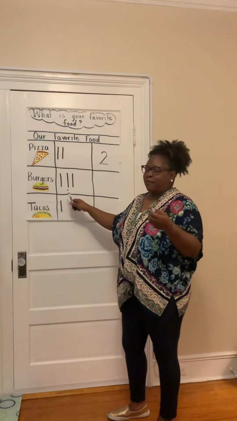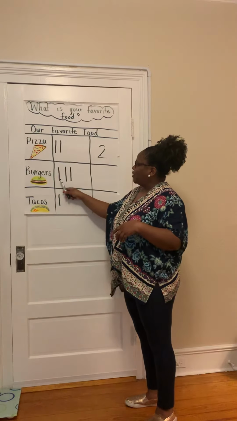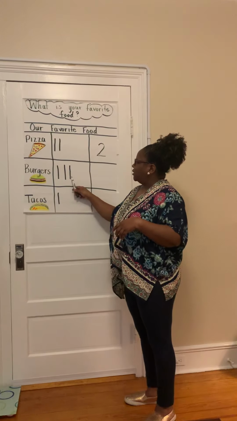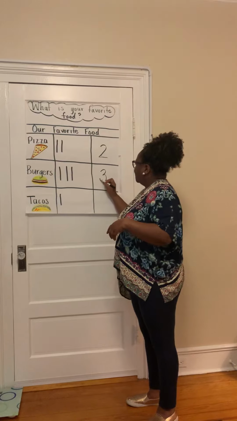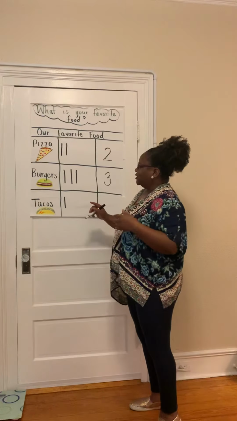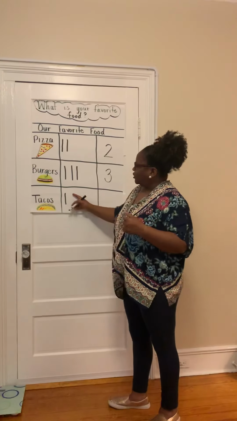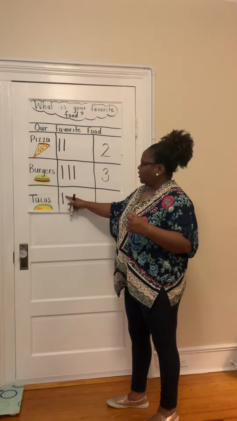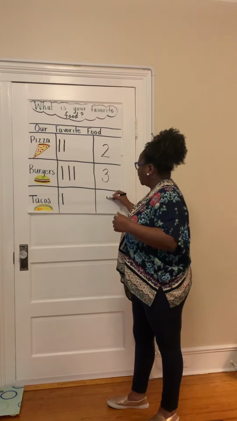Let's count to see how many of my family members said burgers. 1, 2, 3. So I'll put a 3 in this box. I'm one of the ones who like burgers the best. And there was one person in my family that answered tacos because there is only 1 tally mark in the chart. 1 person loved tacos.